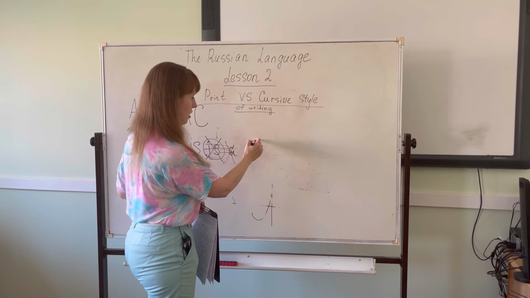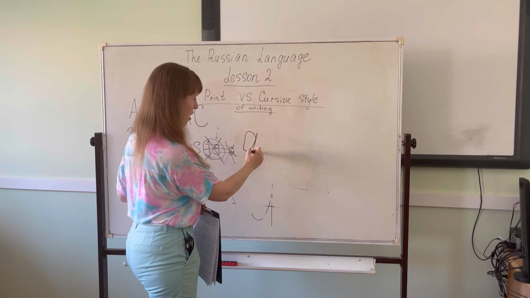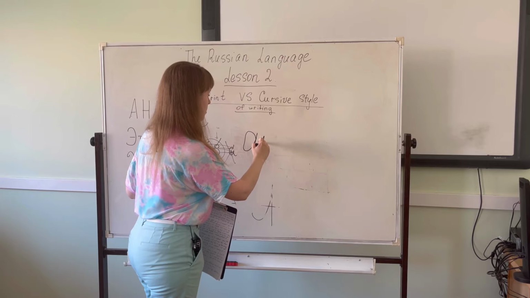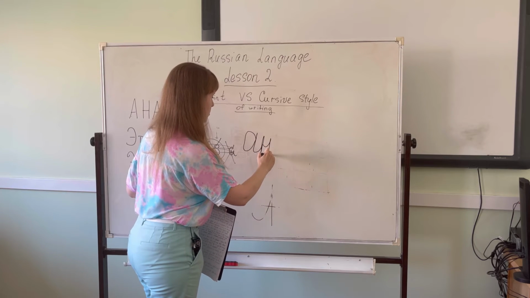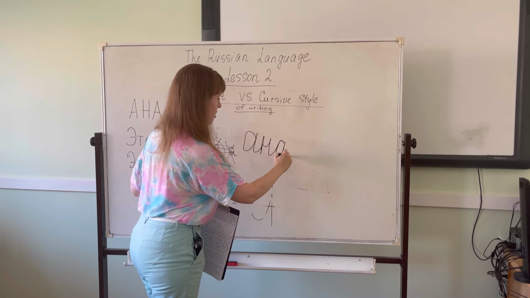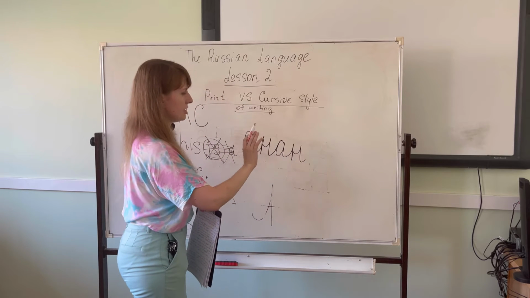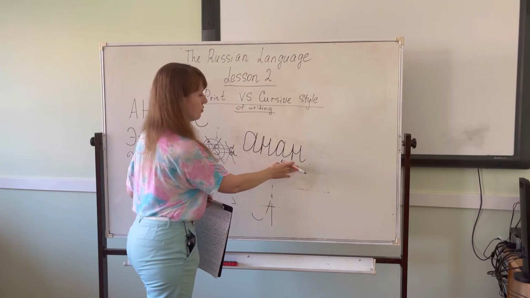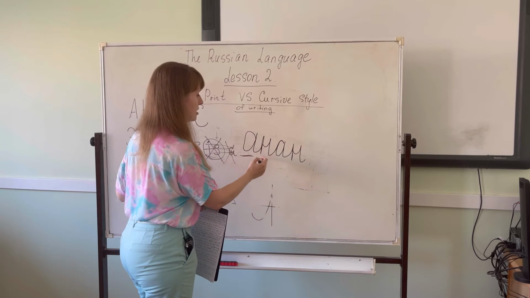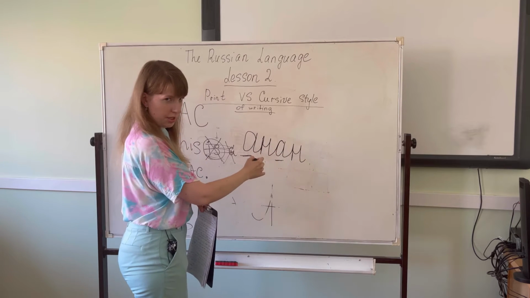So, again, the lowercase cursive Russian A, a hook here, and then N, again, A, N. So, please do not get frustrated that we haven't already taken N. It's okay. Be attentive to this A and the way it connects with other letters, okay?